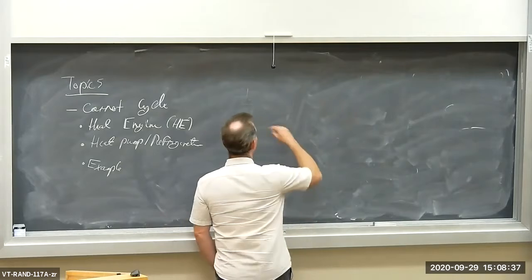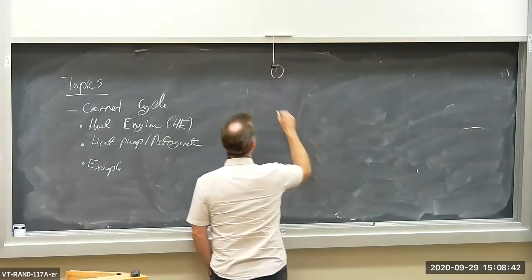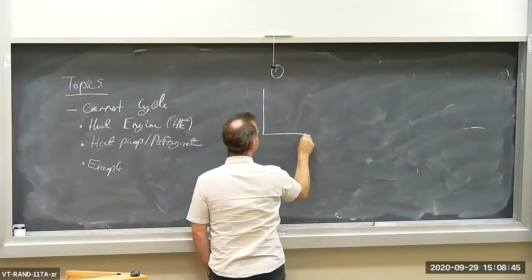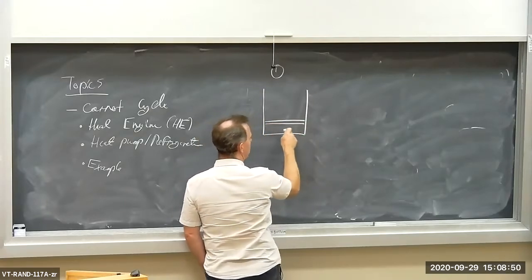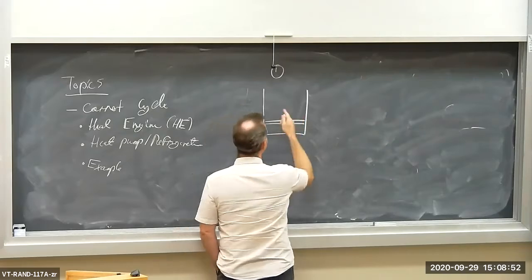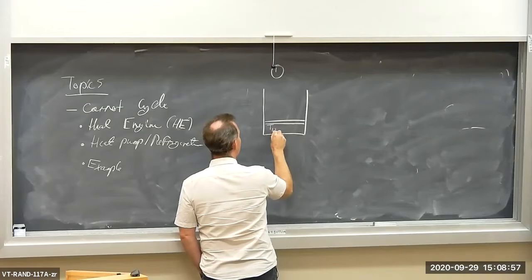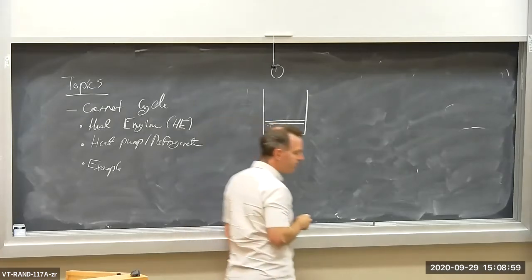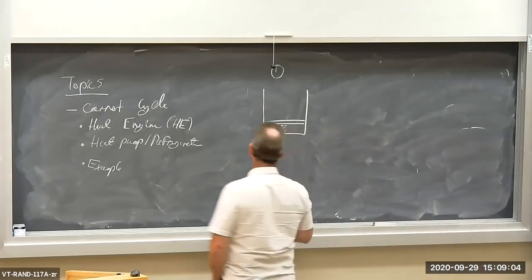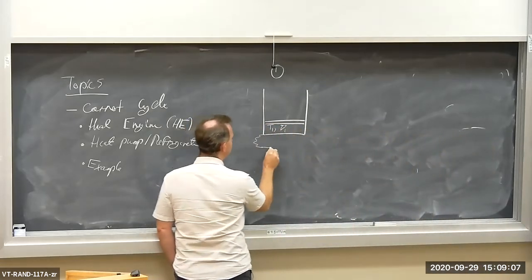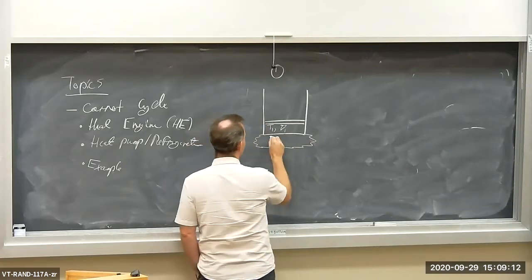So let's look at the following. Let's say we have at state one a piston cylinder device, and it's got some kind of a working fluid. Maybe it's air in here, who knows? But we start off at state one. At state one, we have a temperature T1 and a volume V1. And this piston cylinder device is in contact with a hot or high temperature reservoir, TH.